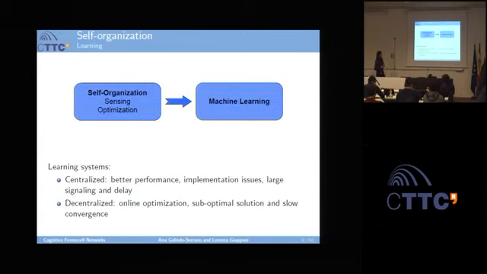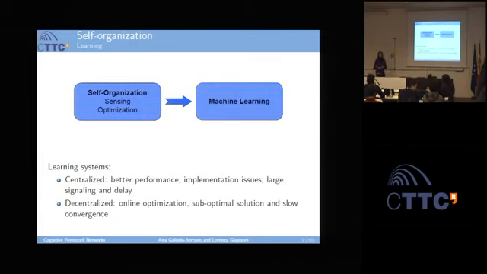Okay, so we will have two types of learning algorithms. They can be centralized or decentralized. Centralized systems have a very good performance because they will have a global picture of the state of the environment, but they present significant implementation issues in terms of security, since there will be a single point of failure, and also in terms of scalability.